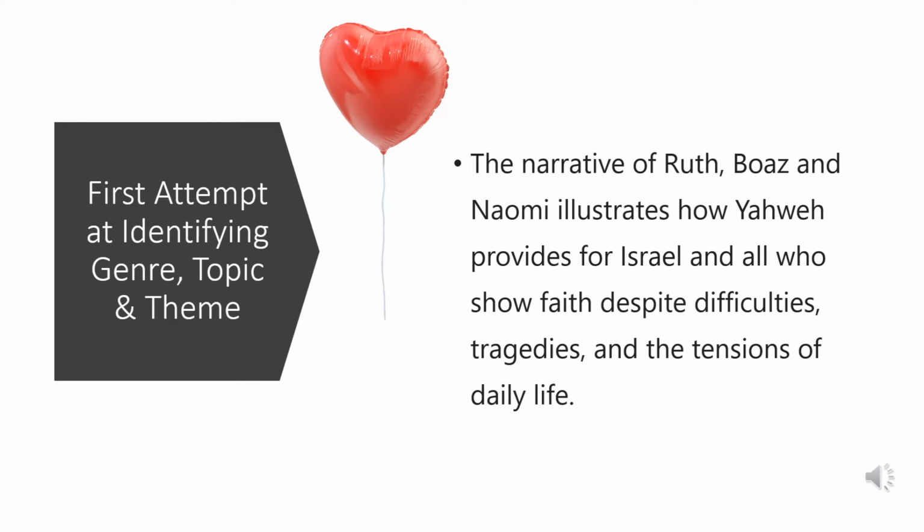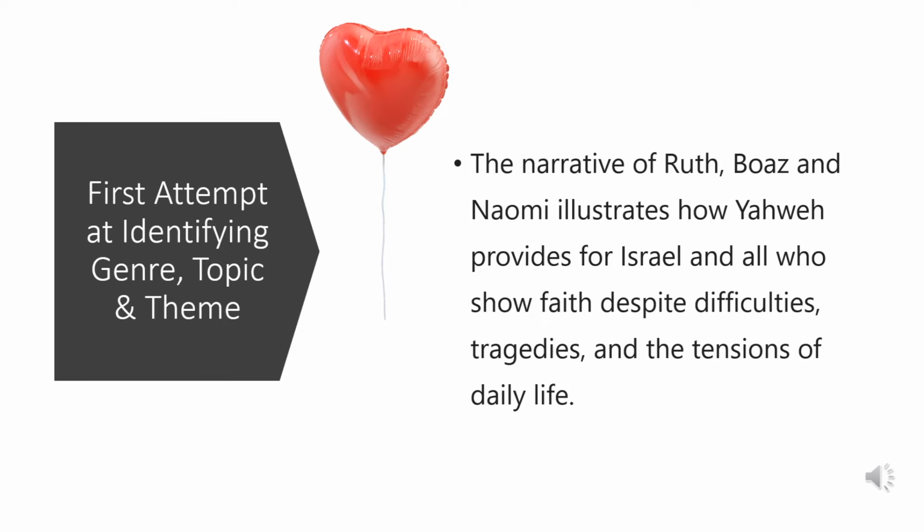Now, I didn't ask you to do this, but this is my first attempt at identifying genre and topic. What's going on in the book of Ruth? We have a story about death, breaking up of marriage, hopelessness, then hope, then marriage again.